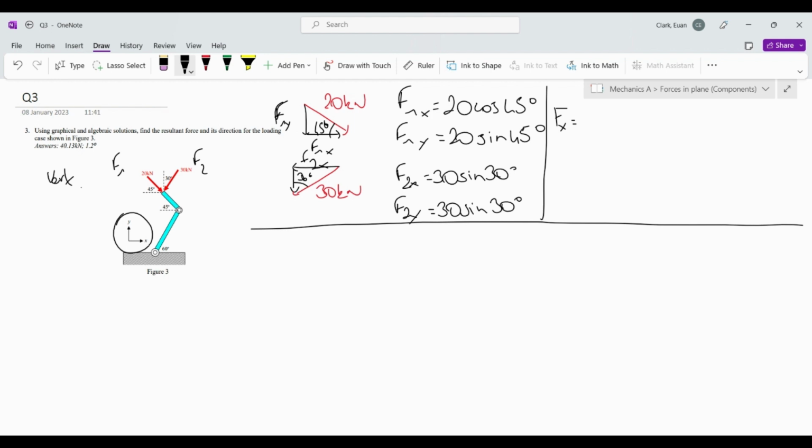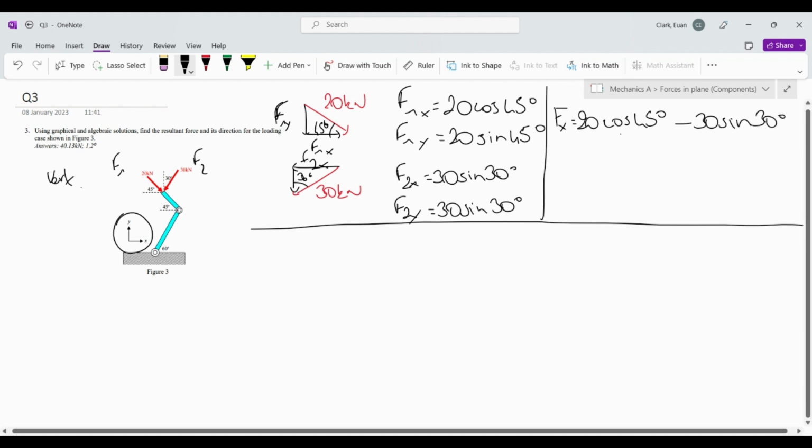If y is going to the top, it's positive as well. So F1x is going to the right, so that will be positive, but F2x is going to the left, so this will be negative. So this will give us 20 cosine 45 degrees minus 30 sine 30 degrees, which is going to give us an answer.